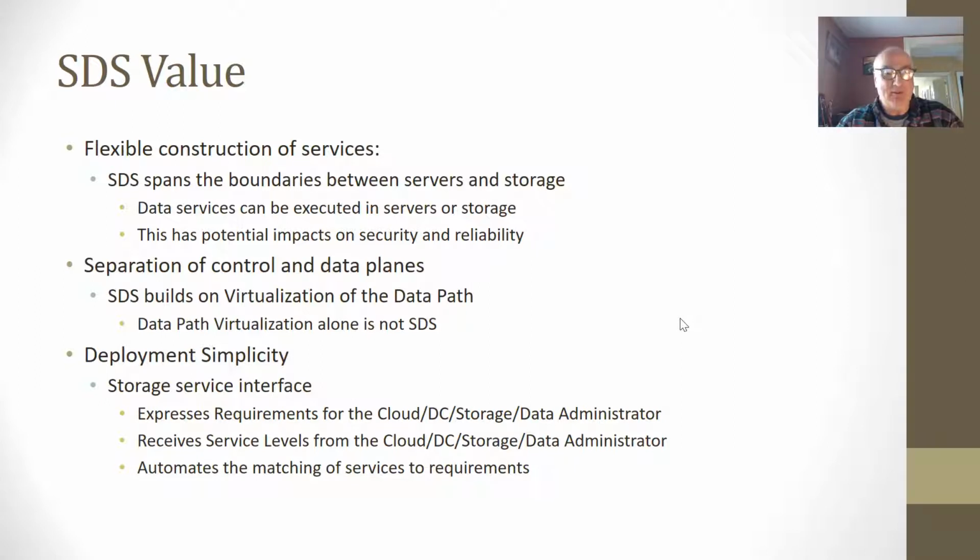And then deployment simplicity. And so storage service interface means that we can build a better interface between the storage bits and bytes and the requirements of the application. And that deployment simplicity, that's huge.